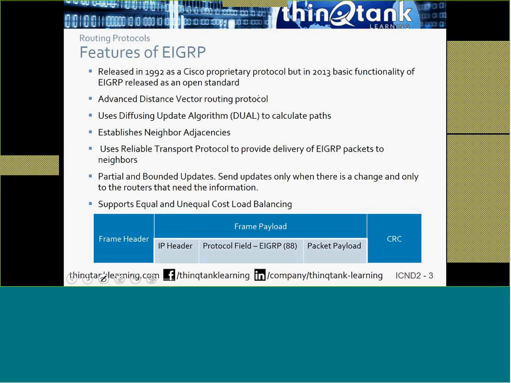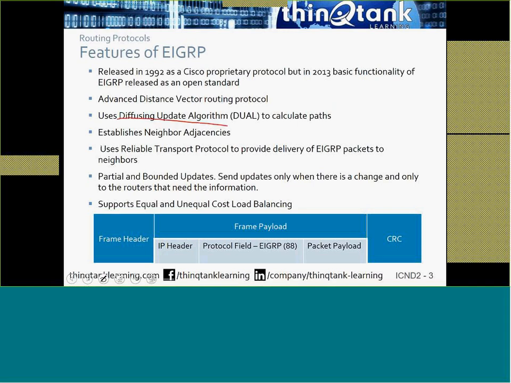It uses an algorithm called the Diffusing Update Algorithm to make its decisions on how to route to destinations. We are going to learn all about that algorithm in this chapter. We're going to learn about how the calculations are done. We're really going to get into the weeds with this protocol, as well as OSPF when we get into the OSPF chapter.